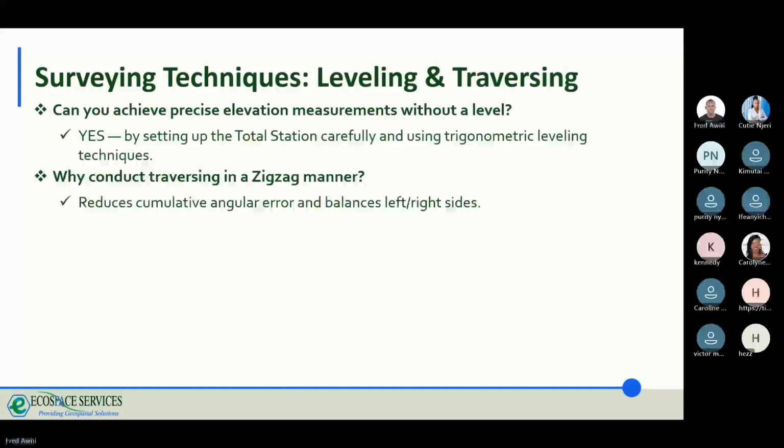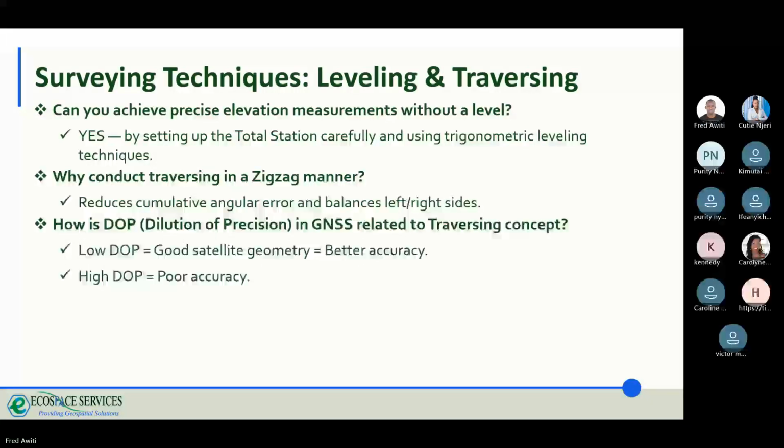But we are transforming from total station to GNSS. How does technology handle this kind of issue? There's something called dilution of precision.